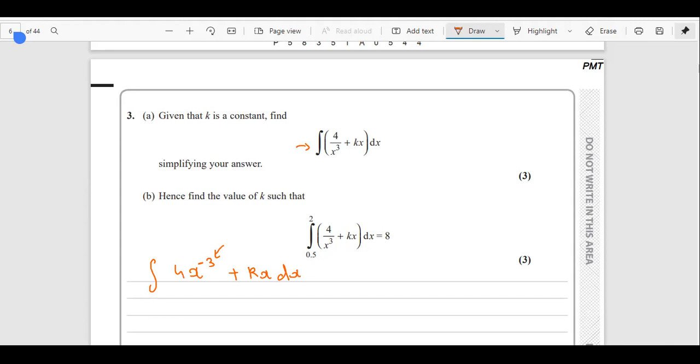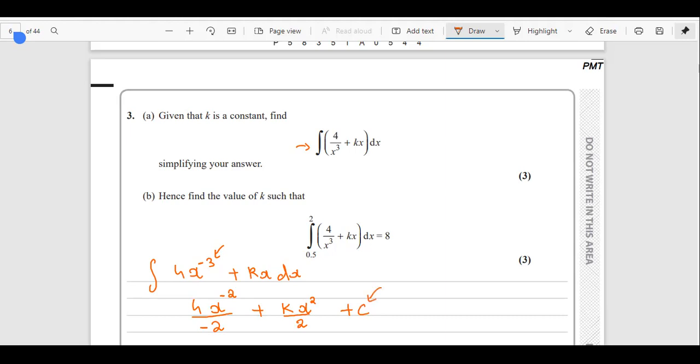For integration, we know that we add 1 to the power and we divide by the new power. This would make it x to the minus 3 plus 1, which is minus 2, divided by minus 2, plus k x square by 2 plus c. Because this is general integration, we do not have any limit, so we write down the constant.